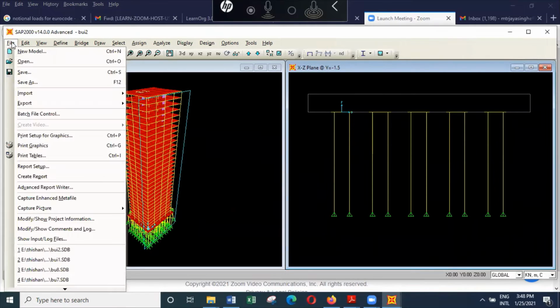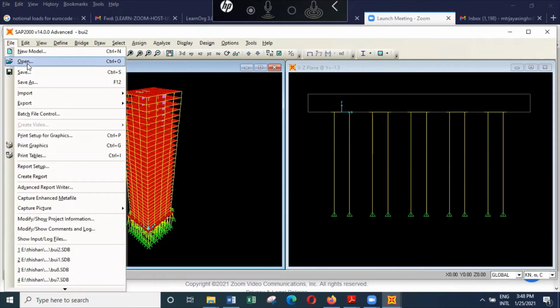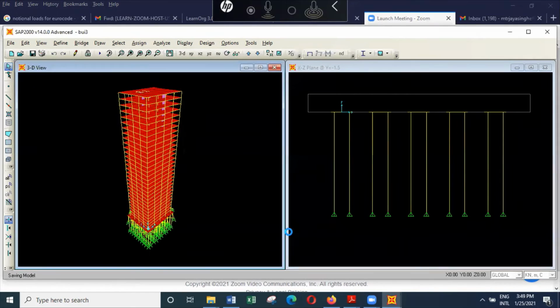So for that, I'll open and save this as UI3. Now I'm going to the next step, that is, representing all these as springs.